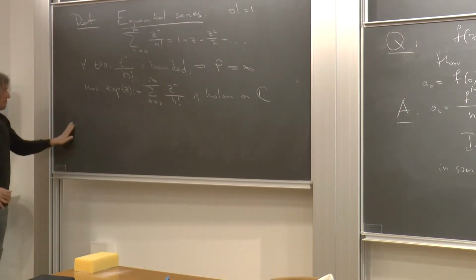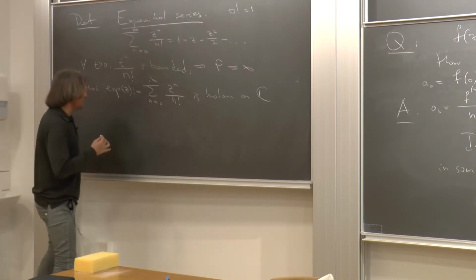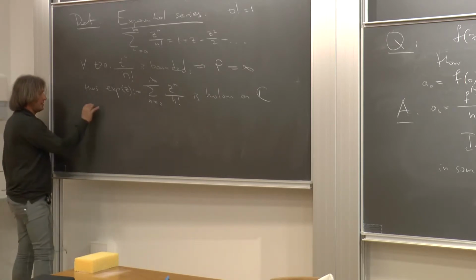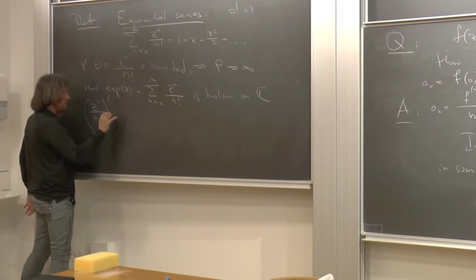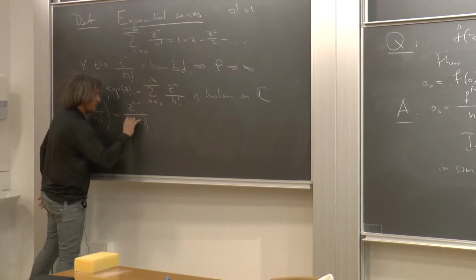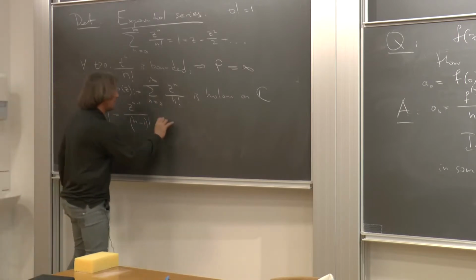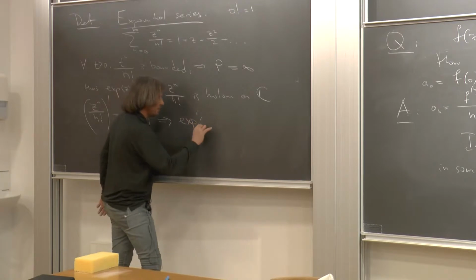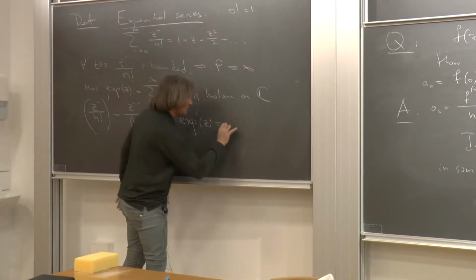Now we remember that holomorphic functions, which are sums of series, can be differentiated by term-wise differentiation, and this series is special. z to the n over n factorial prime is z to the n minus 1 over n minus 1 factorial, which means that no matter how many times you differentiate the exponential function defined like this, you get the original function.